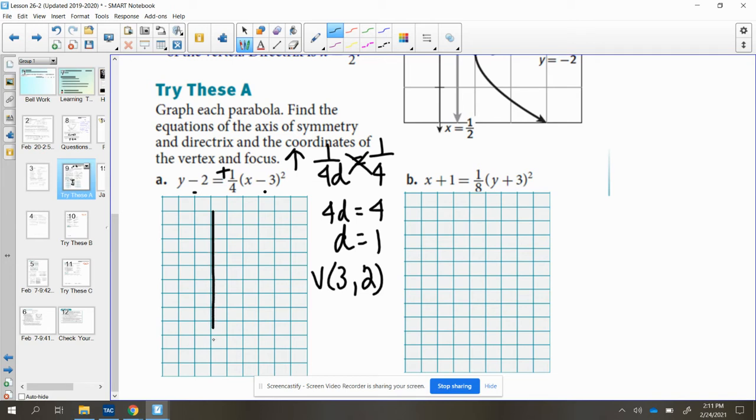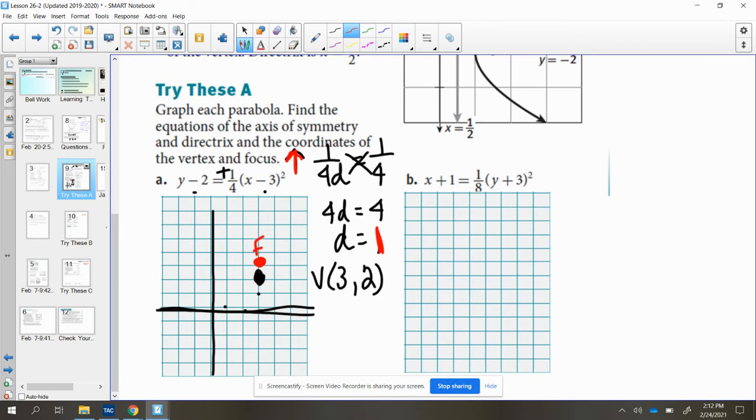So I'm going to graph 3, 2. I'm just drawing my own coordinate plane. I'm going to go to the right 3 and up 2. This is my vertex. And again, I have an upward facing parabola this time. So I know that my focus, since I'm facing upwards, is going to be 1 unit, this distance value, above my vertex. Here's my focus.